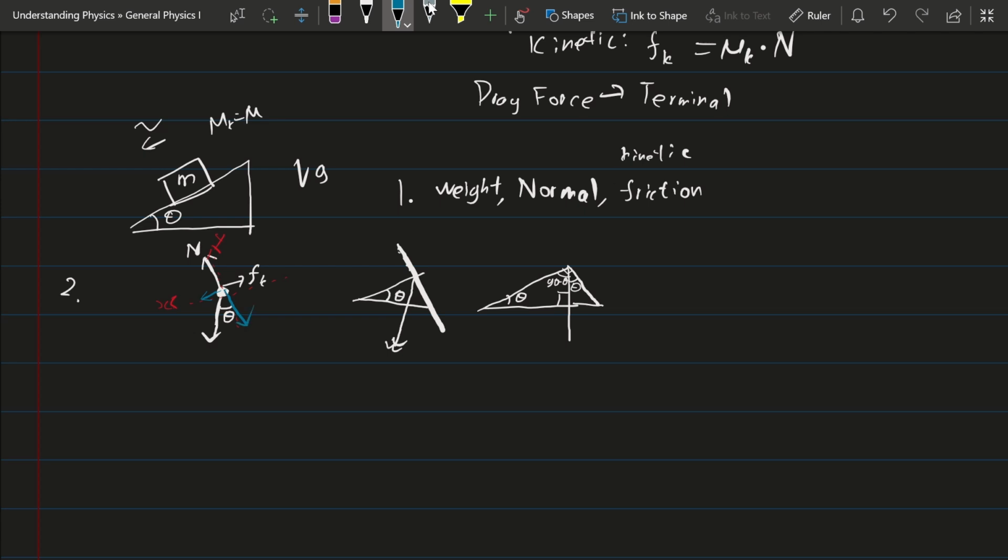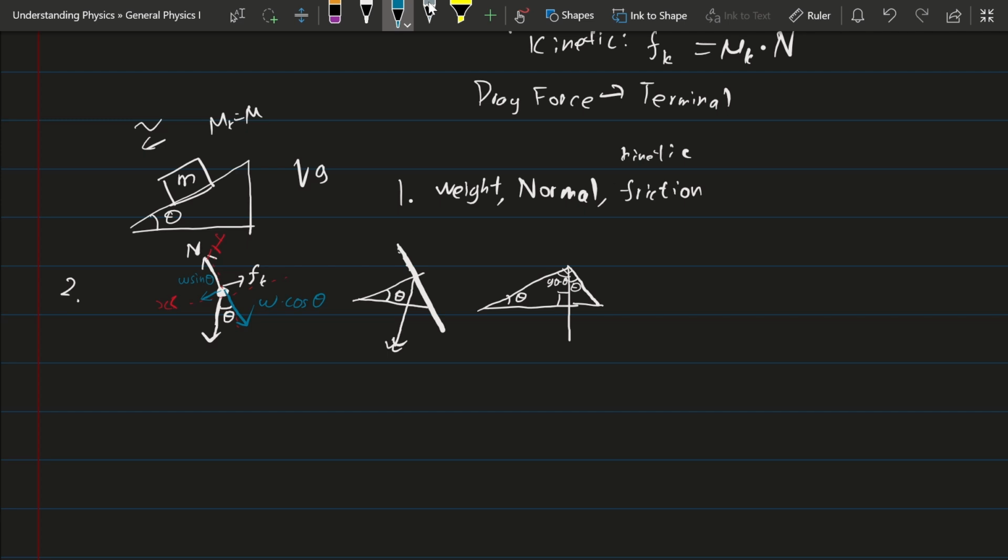The one going in this downwards direction would be the weight multiplied by the cosine of theta, because the hypotenuse is already known, and then we want to figure out the length of this part, which will be the adjacent side, while this one will be the sine of theta. Okay, we have gotten this information.